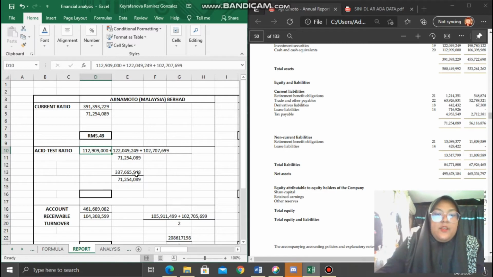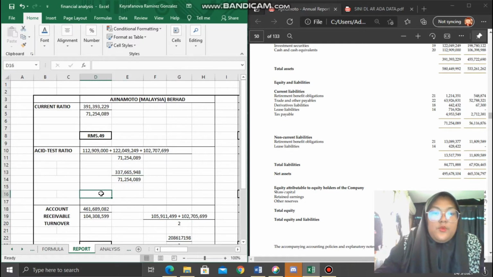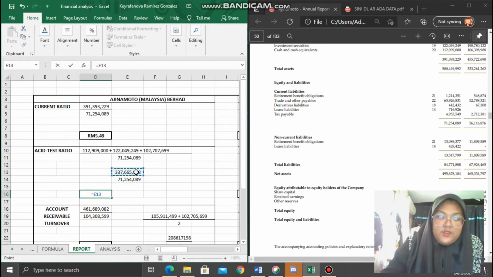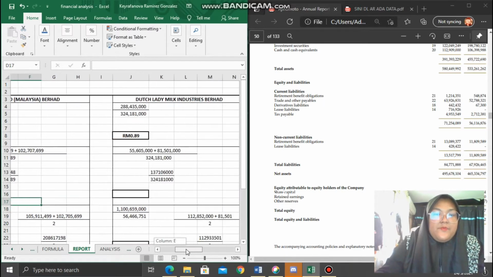I have pre-calculated the total for the top. Now we only have to divide the total by the current liability, and we get the answer for the acid test ratio for Ajinomoto Malaysia Berhad.